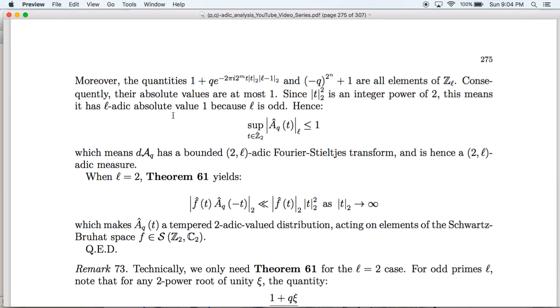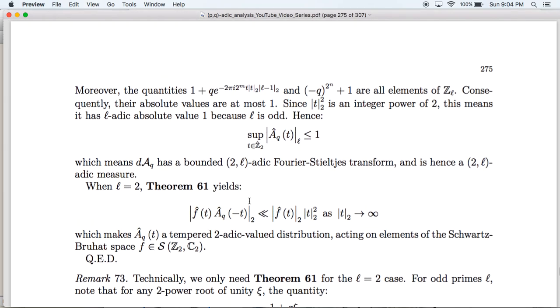When l equals 2, our theorems showed that A_q hat of t grows like t to the power 2 or so, and this then gives us a tempered distribution which acts on Schwartz-Bruhat functions.